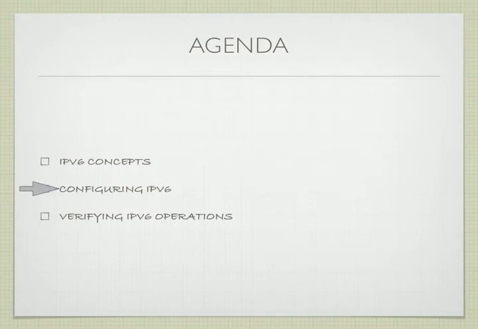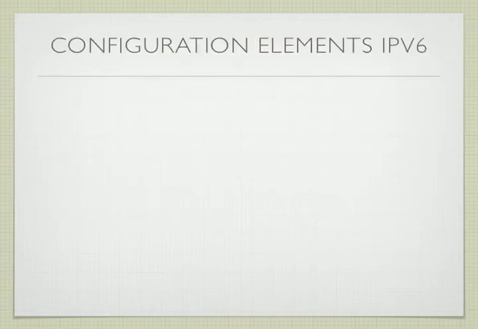Okay, so moving on, that's our background for IPv6, a very brief tour. Now we're going to look at where these configuration elements are in ScreenOS devices. There are a number of elements that go into setting up IPv6 on a ScreenOS firewall. First you have to enable the use of the protocol stack on the device.